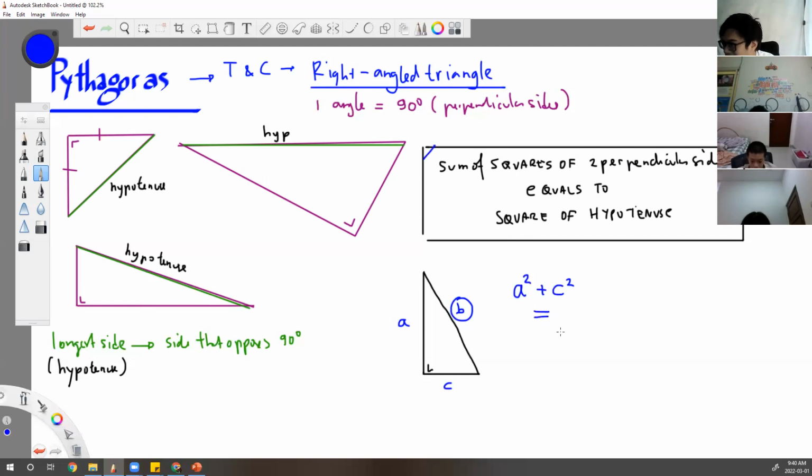That's the rule, so you are not confused by the letters. Some teachers give you the formula A square plus B square equals C square, but I don't agree with that. With that kind of understanding, we get confused if I change the letters. So just stick to the basic idea: the sum of squares of two perpendicular sides equals the square of the hypotenuse.